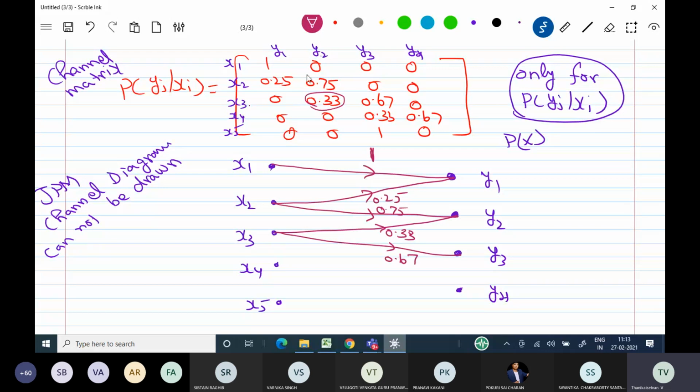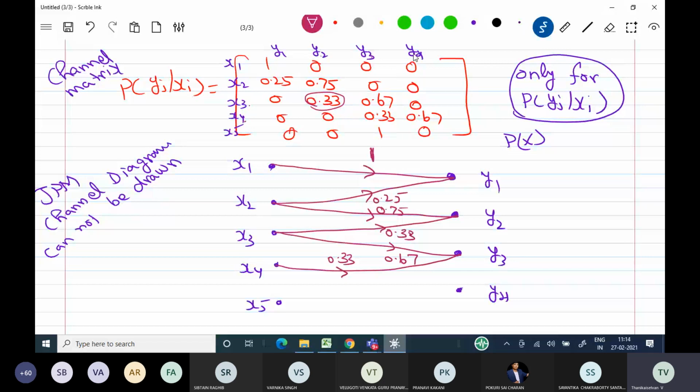Next I am going for x4. X4 has 2 connections. y3 and x4, 0.33 is the probability.